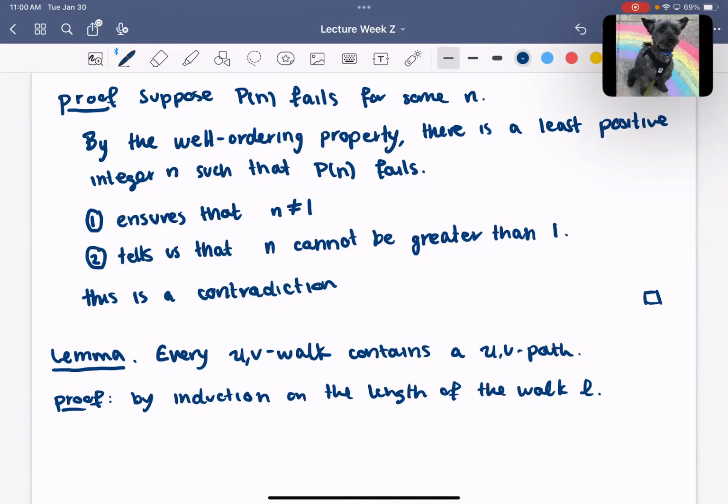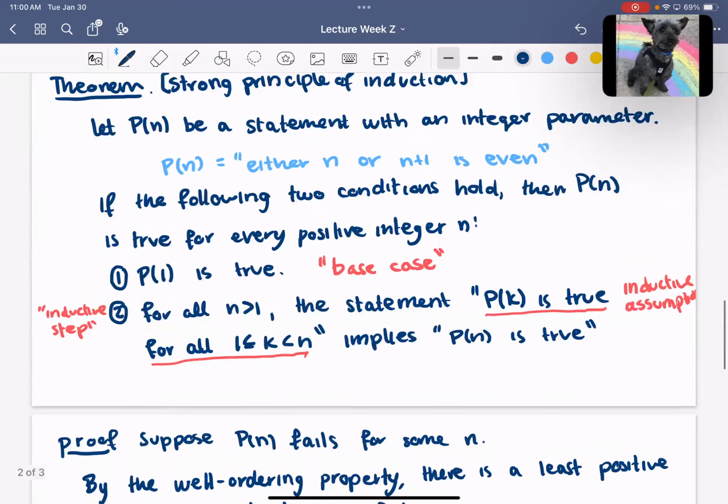Okay, by the way, let's go back to the statement of strong induction. In this statement, we started the base case with n equals 1, but this really doesn't matter. The number 1 is not significant here. It's just the fact that there is some number for which it is true, and then you argue that it's true forever after that.